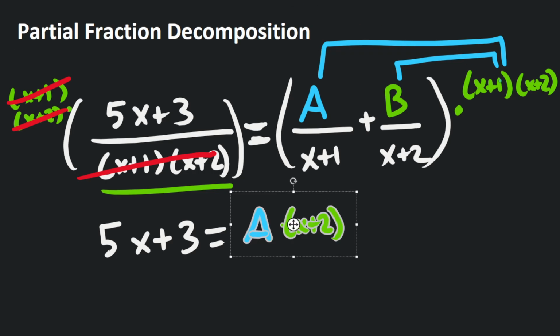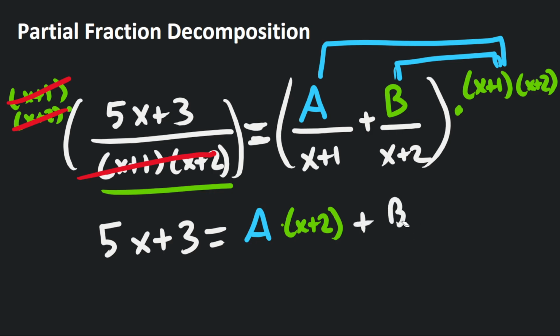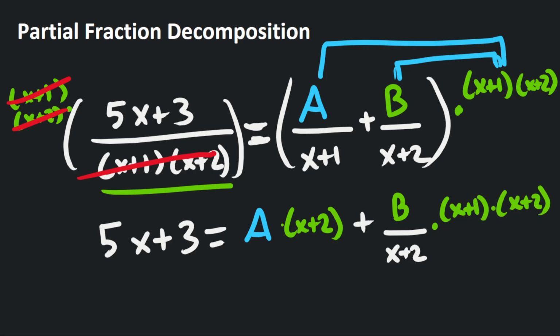And then now let's talk about distributing it to this b over (x + 2). So that would be b over (x + 2) times (x + 1) times (x + 2).